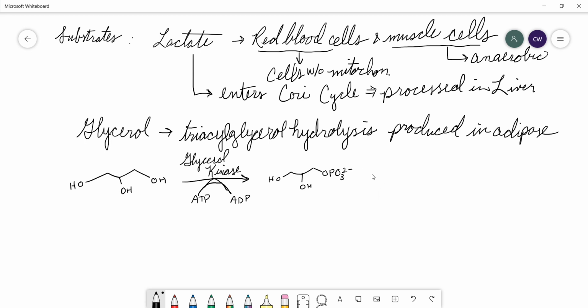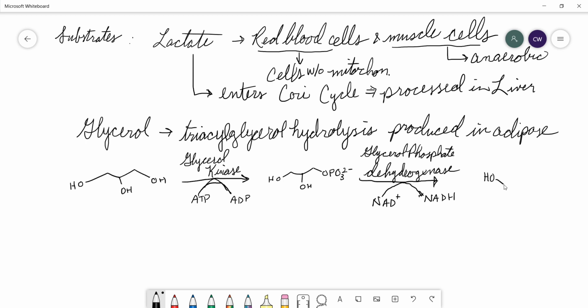And then we get glycerol phosphate dehydrogenase, and that will produce NADH from NAD, which gives us the ability to reduce other reactants down the line, and that will give us a carboxylic phosphoester.